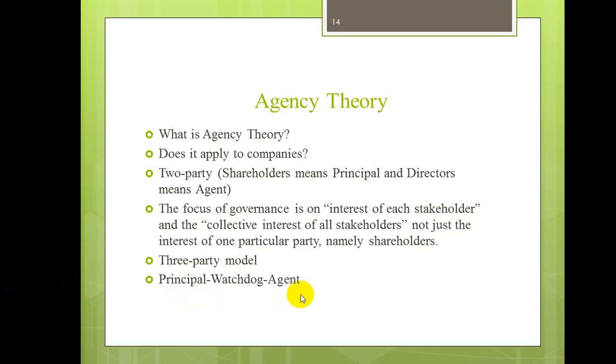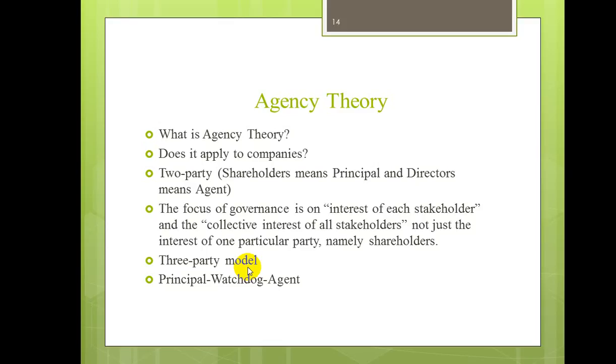When a clash comes between agent and principal, the directors or corporate governors always think about their own interest. So this is all about agency theory: a theory in which the principal appoints an agent to look after his behalf.